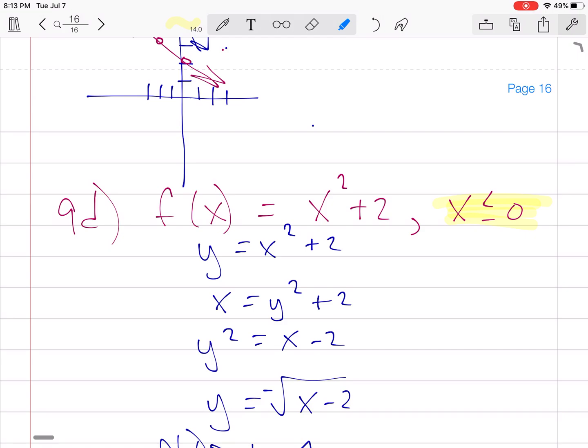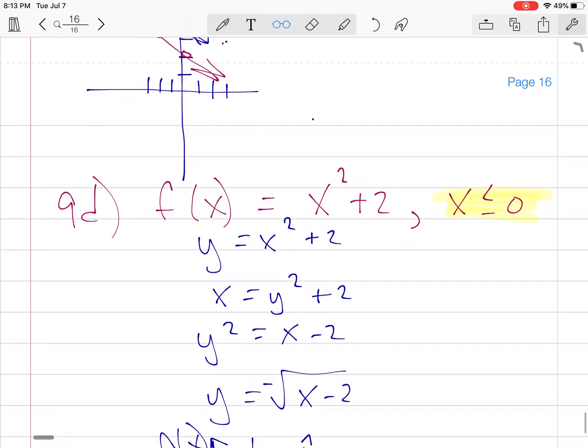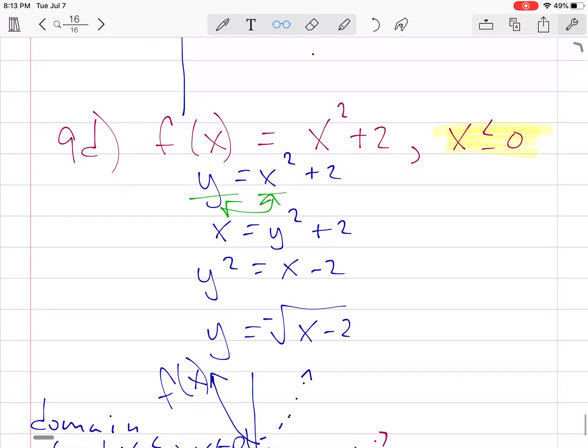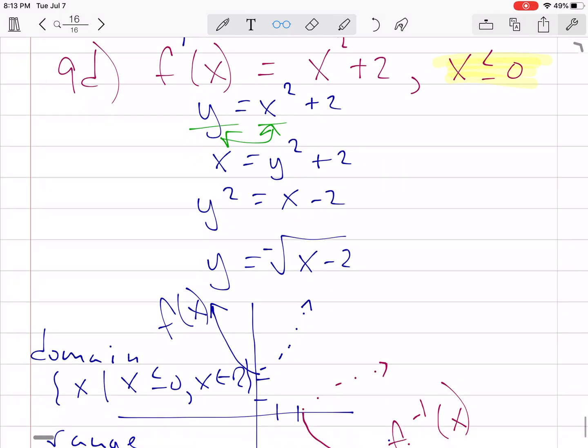Same thing here: the original function is given. Let's find the inverse, so switch y and x. When you take a square root, remember it can be plus or minus. This is why you get the minus. It's connected to that restriction here.